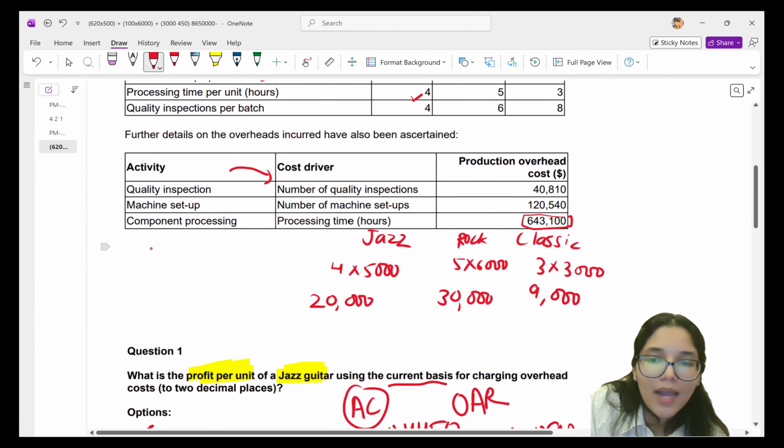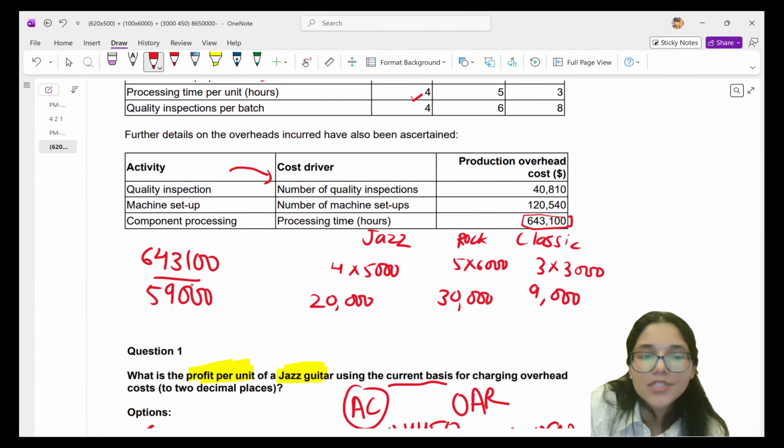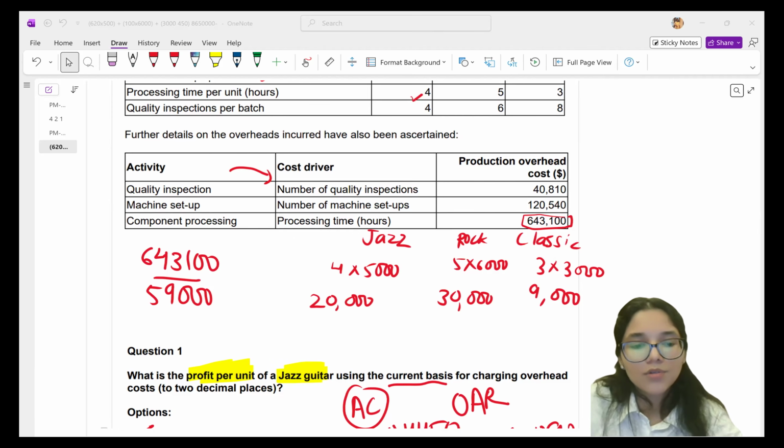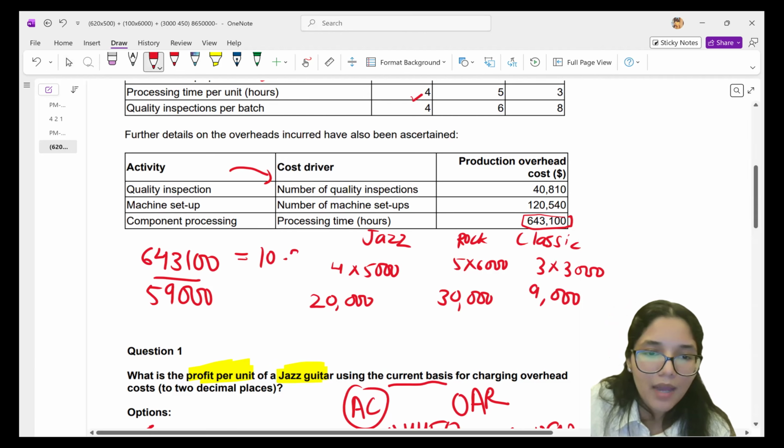So that means per hour, what is the cost? 643,100 divided by 59,000 hours in total. So when you run these numbers on your calculator, you're going to find out the per hour time. So 643,100 divided by 59,000 gives me 10.9 per hour.